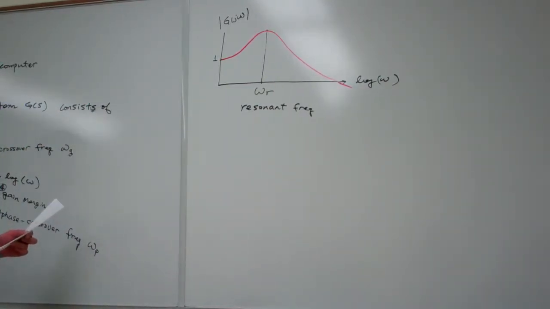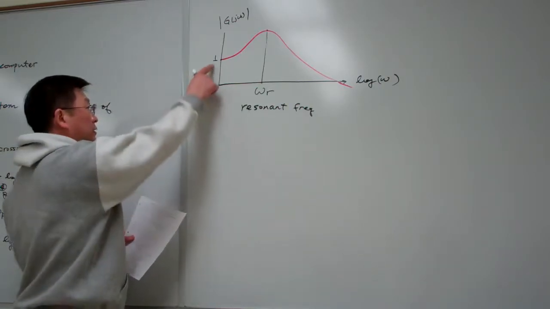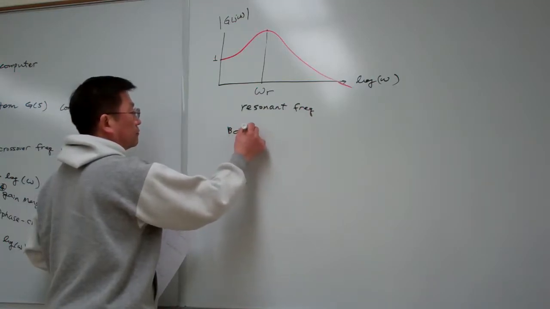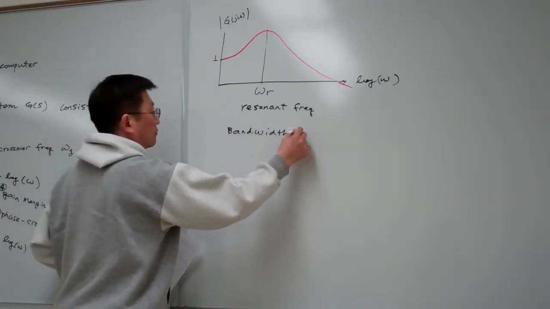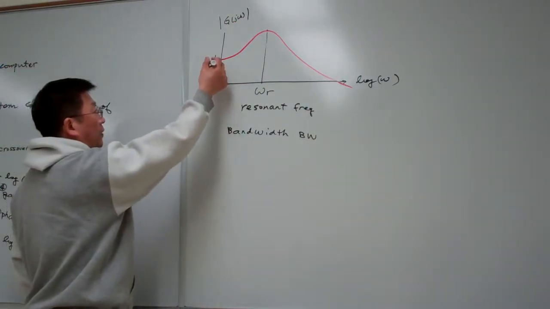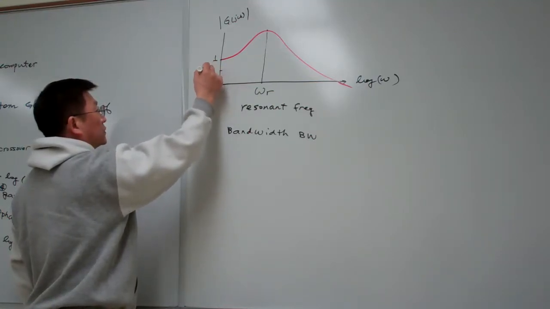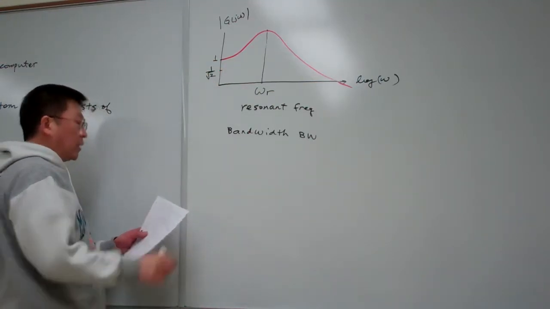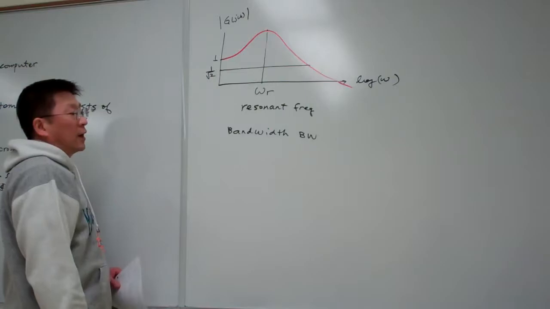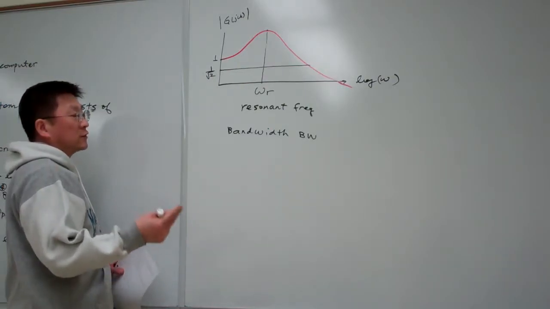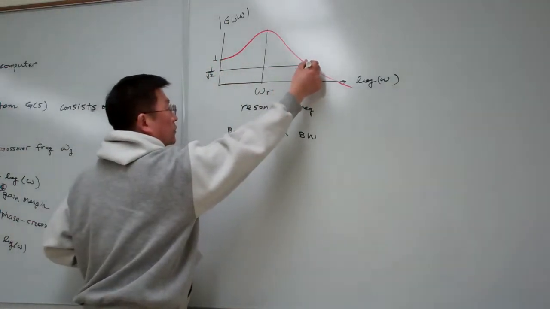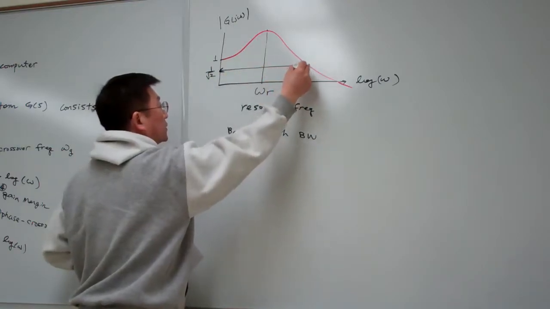Okay. And if we scale this one equal to 1, then we can define the bandwidth. Bandwidth is defined by this. Compared to the initial magnitude, if we take 1 over the square root of 2, and then measure the magnitude, the span in the frequency is such that the magnitude of the response is greater than 1 over square root of 2. So basically here we measure this, called the bandwidth.